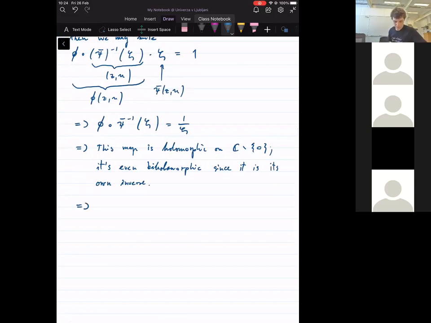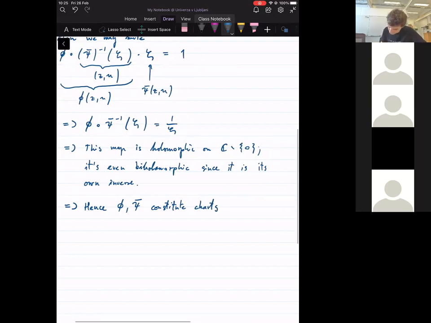So what this means now is that phi and psi conjugated constitute charts of a complex manifold.